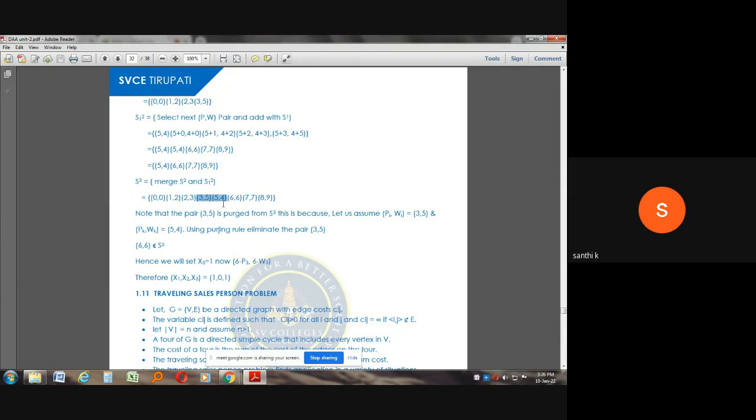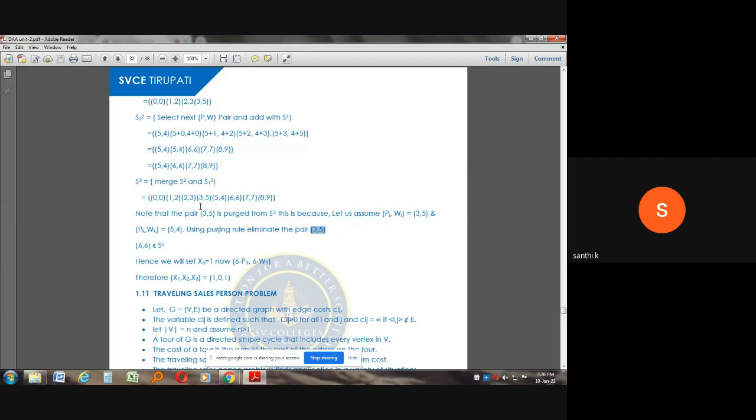So these two ordered pairs satisfy the dominance rule. In that case, the dominance rule says we have to remove (Pj, Wj). Here (Pj, Wj) is (3, 5), so we are going to remove that ordered pair (3, 5) from the set.